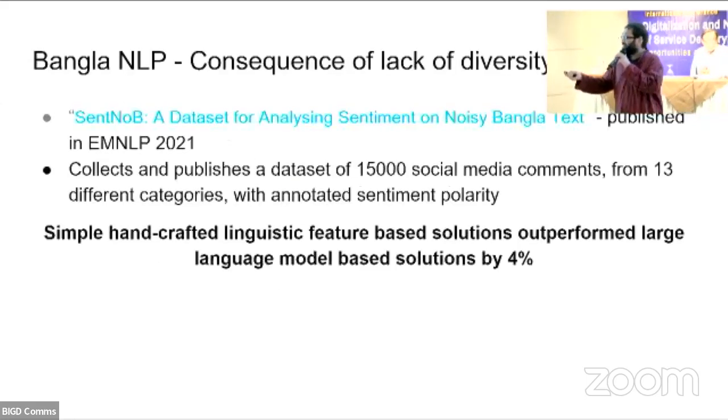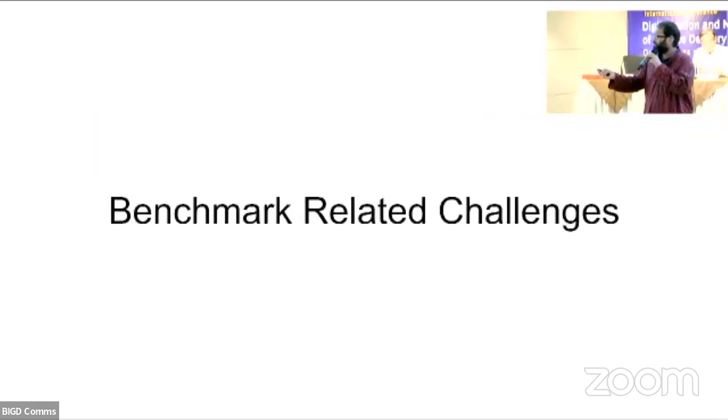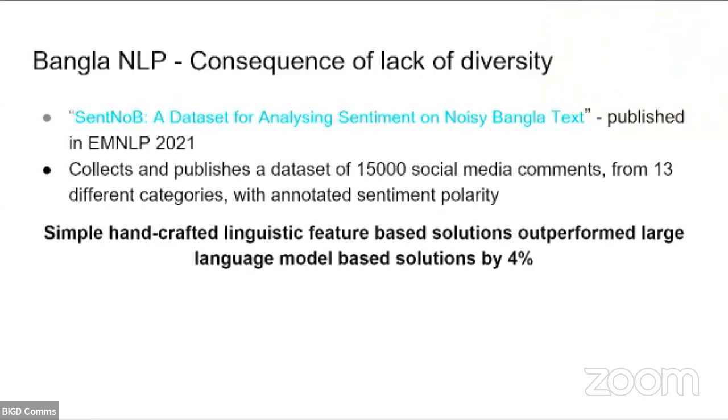Text diversity is hard, so I'm just gonna go through and make a very simple point. The Bangla language models that we do have, there's some very good work coming out of the BUHCAC NLP group. There's good work that came out of Shahjalal. We at NSU try to do some work.